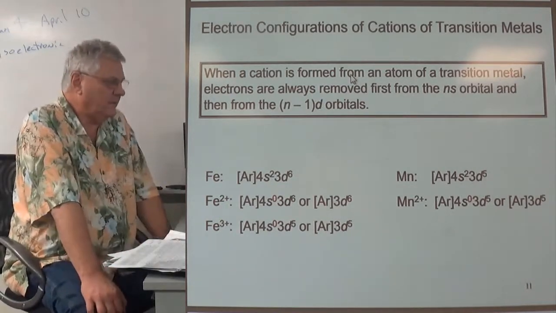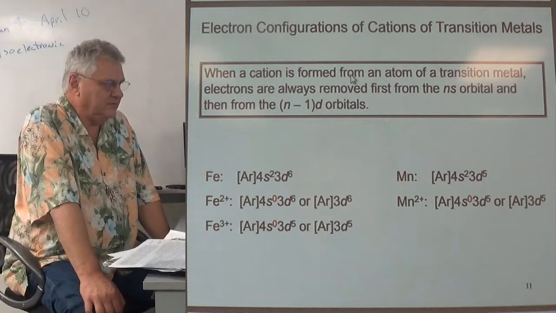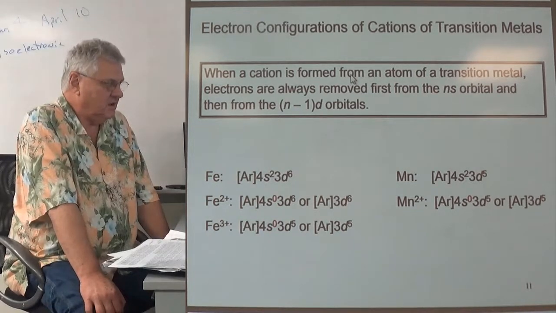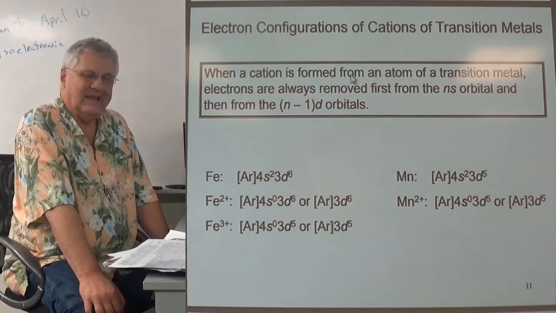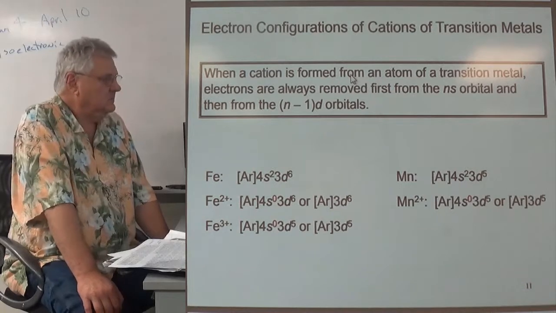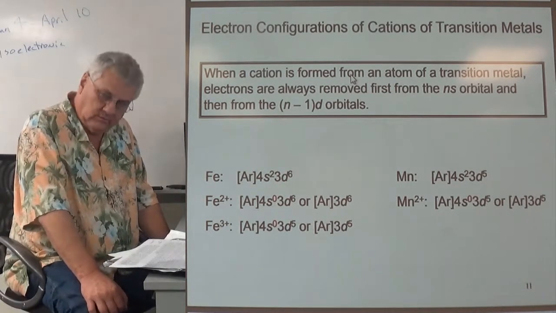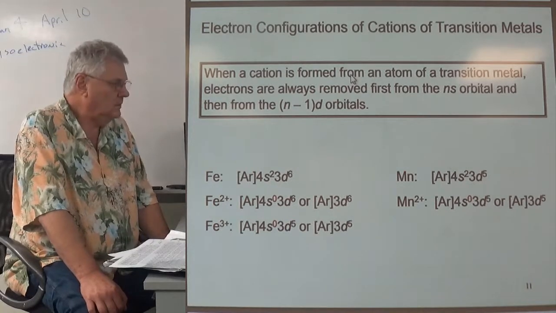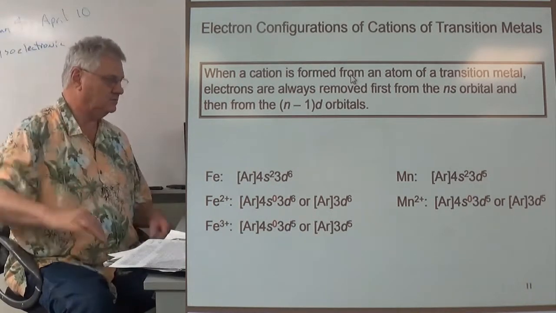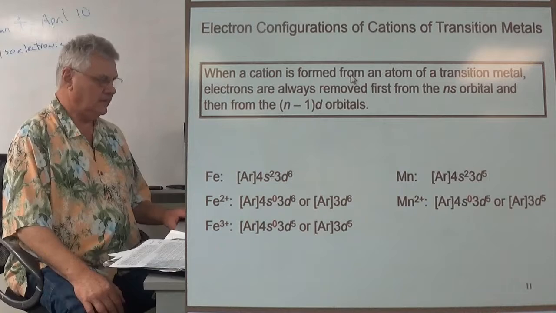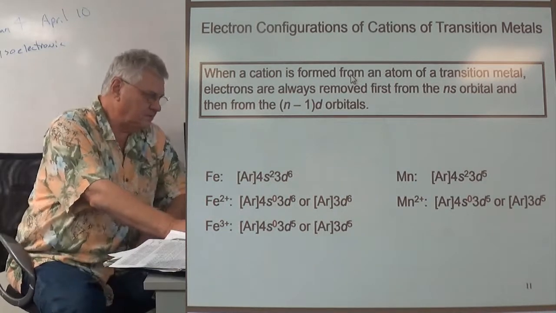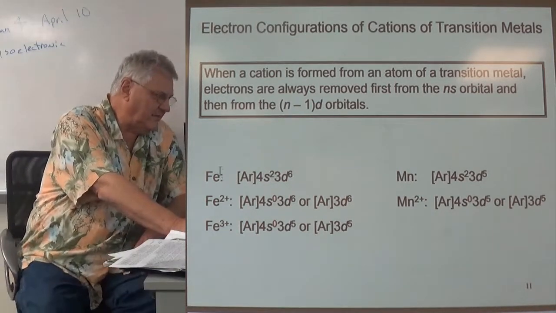But let's read. When a cation is formed from an atom of a transition metal, electrons are always removed first from the s orbital and then from the d orbital. And of course, we're talking about the outermost s and d orbitals. So let's look at this example with iron.